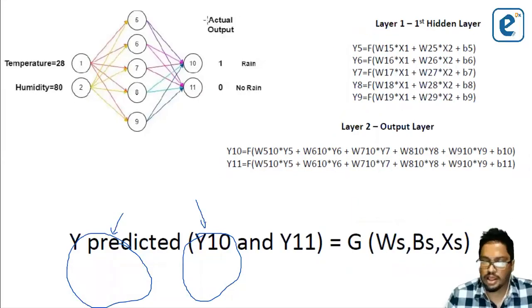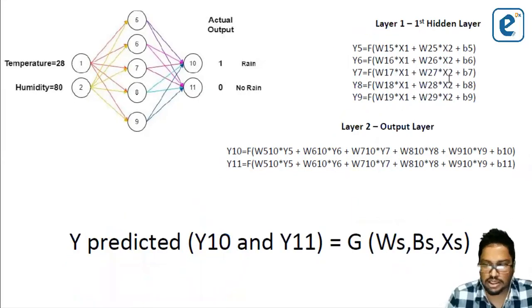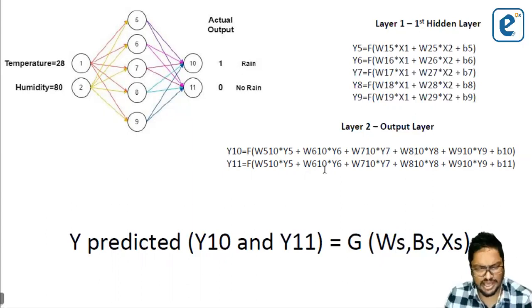Now, we know that y predicted, y10 and y11, depend on weights, biases, and also x. So what's the reason? We know that y is a function of weights, biases, and the inputs.